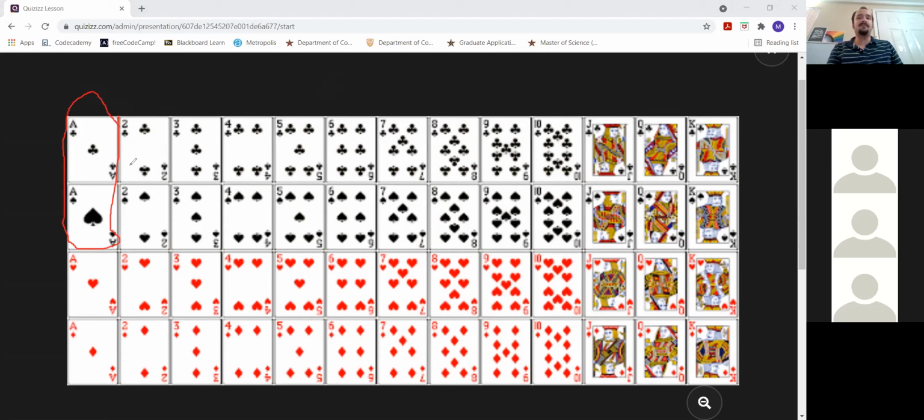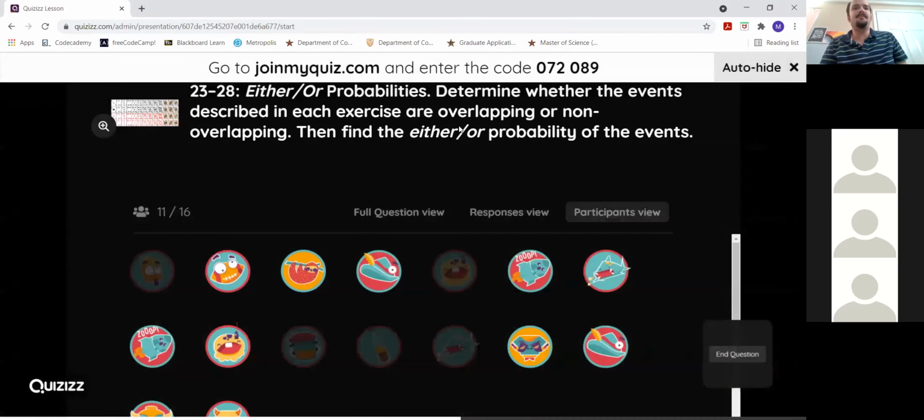When they're overlapping, there's an extra little factor we have to do. But if we're looking at disjoint, how many times can it occur that I either get a black ace or a red king? I believe I'm doing 1, 2, 3, 4 different cards out of how many total cards again? 52. So 4 out of 52.